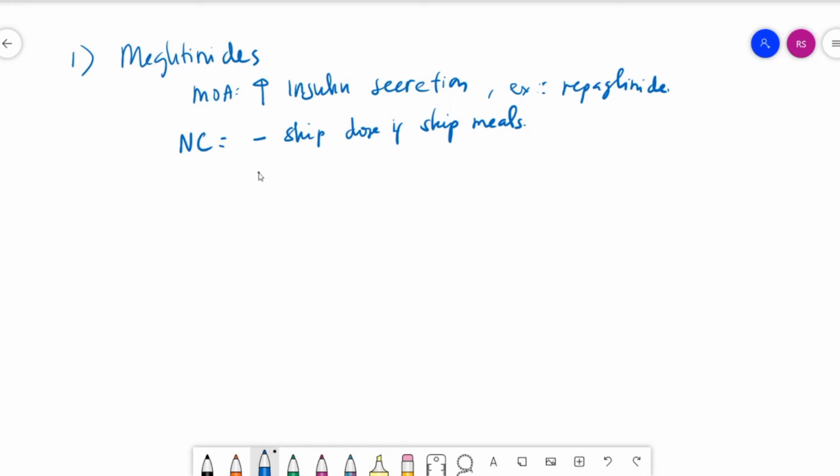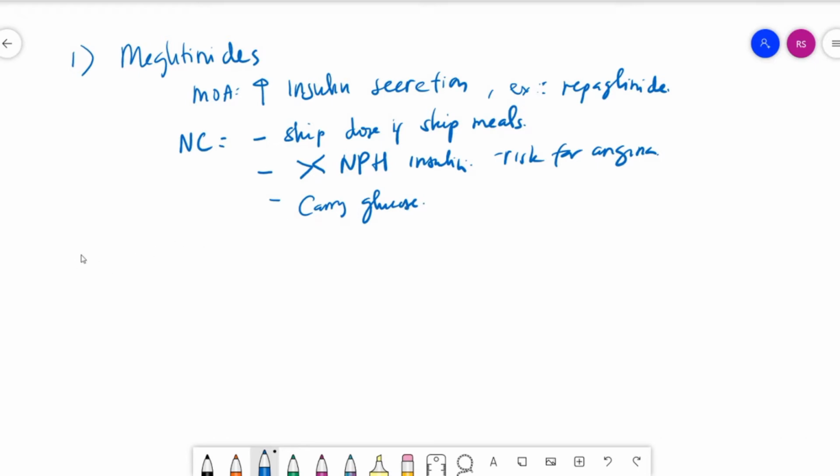The second consideration is that this should not be used with NPH insulin, because in some cases there is a risk for angina. Also teach your patient to carry glucose, like some hard candies, in their pocket in case they have symptoms of hypoglycemia. So that's that for meglitinides.